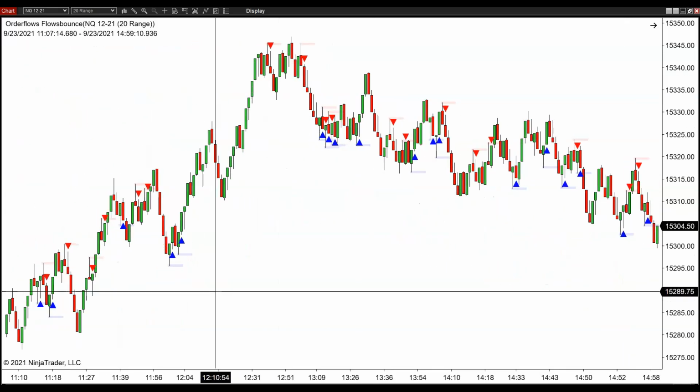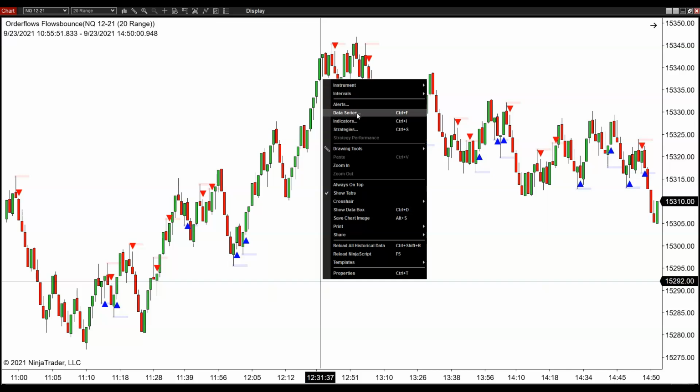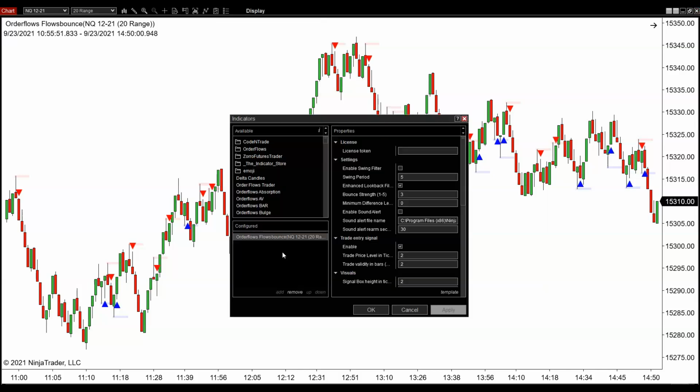So this is a 20 range chart. Set it to 3, set it to 5. Use a minimum difference level. I don't know, 2, because it's a bit wider chart, right? Sorry, it's a 20 range chart.